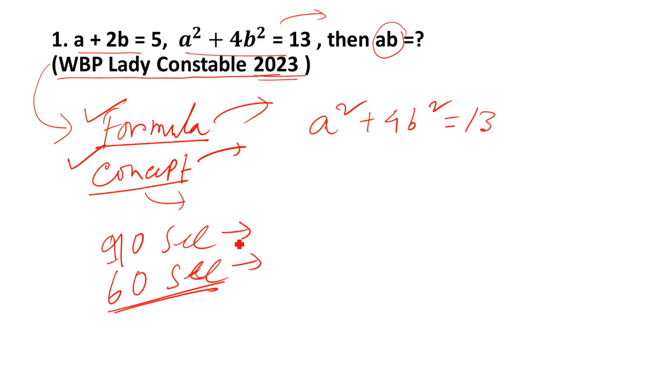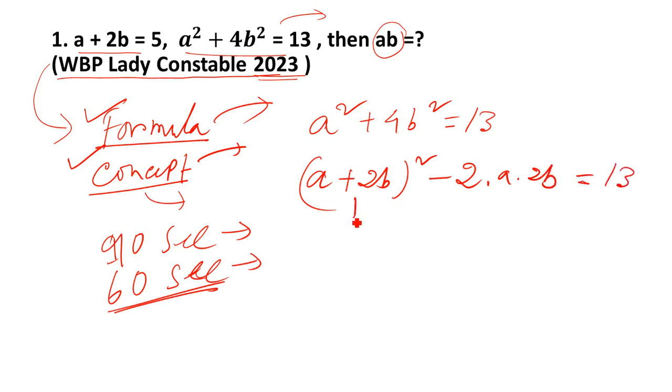Okay, so a square plus 4b square equal to 13. Then we can write a plus 2b, the whole square, minus 2 into a into 2b equal to 13. We know the value of a plus 2b, it's 5, so 25, and minus 4ab equal to 13. Here we will have 25 minus 13 equal to 4ab.